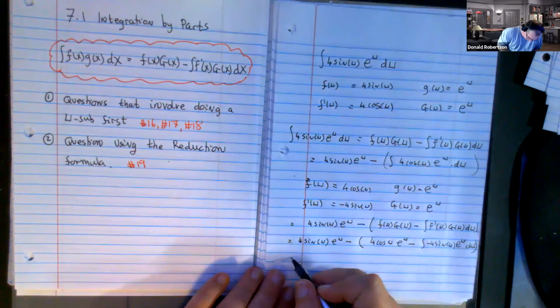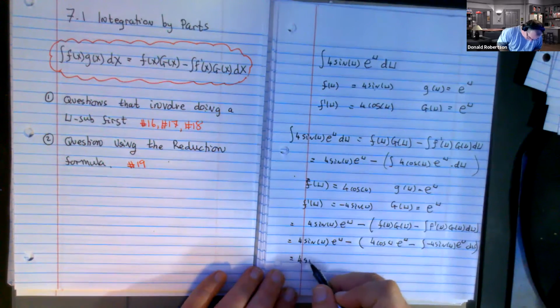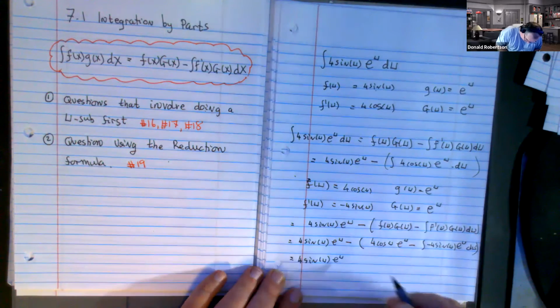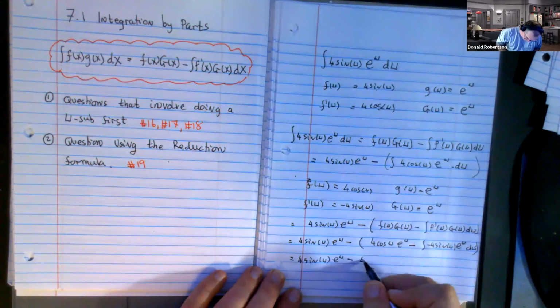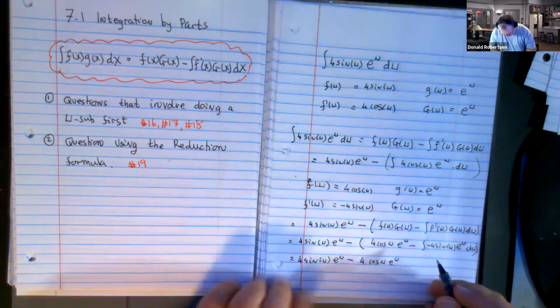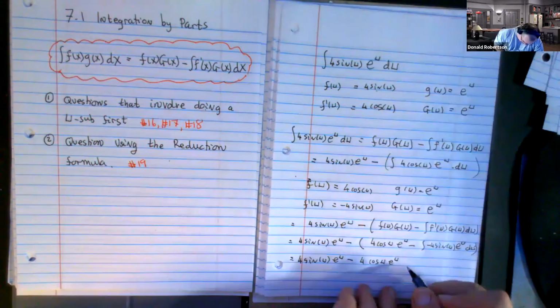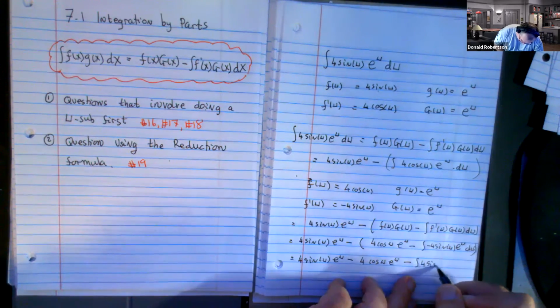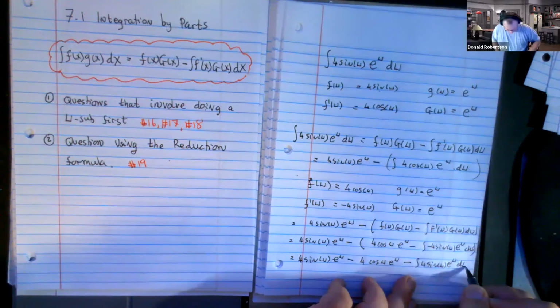And so I now have 4 sine u e to the u, take away 4 cosine u e to the u, a negative, and a third negative becomes take away 4 sine u e to the u du.